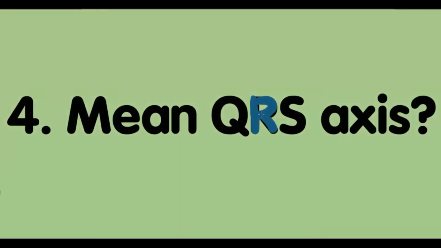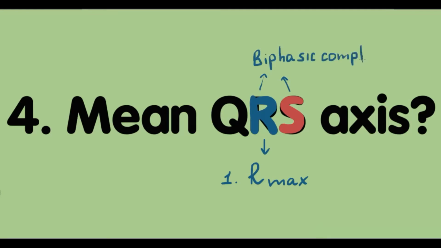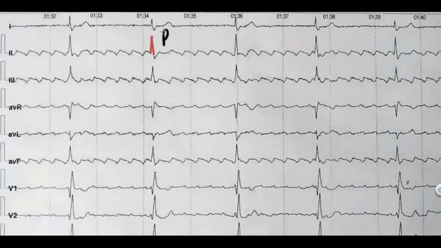The next question is how the mean QRS axis is oriented. For this, let's find the maximal R wave and the biphasic complex in extremity leads. The maximal R is in second standard lead, and AVL has a near to biphasic complex.